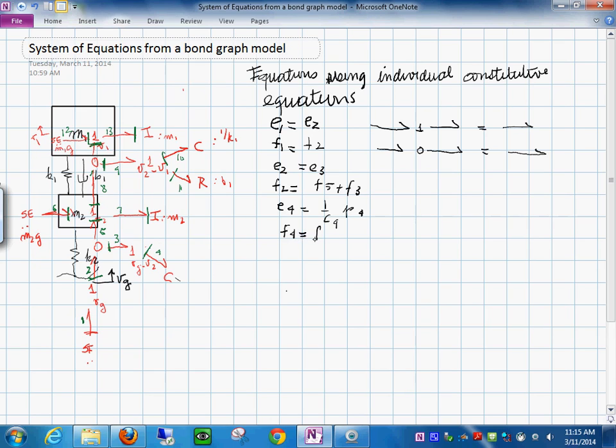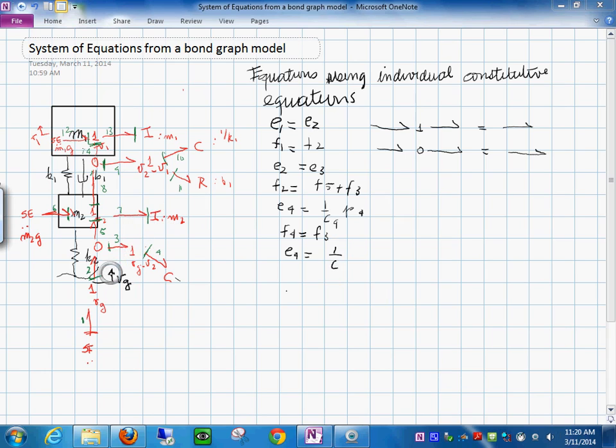It is equal to F sub 3. And what is E sub 4?